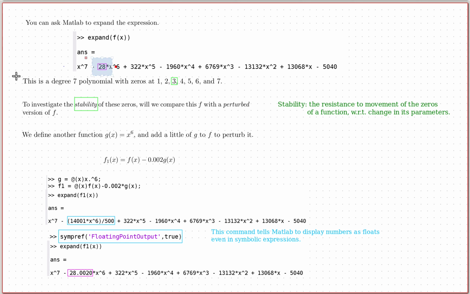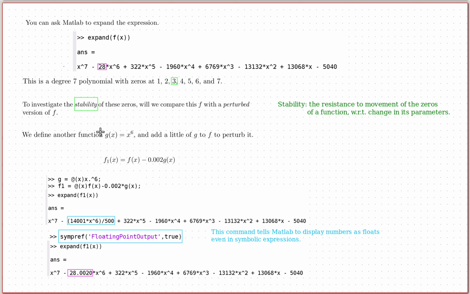Now, to investigate this, what we will do is compare the zeros of the original function f with the zeros of a perturbed version of f. And by perturbed, I mean we will add a little bit of another function to f to change it just a little bit, but not very much.